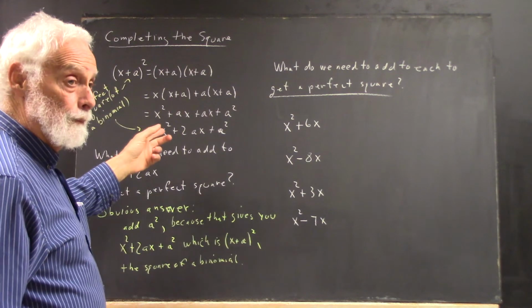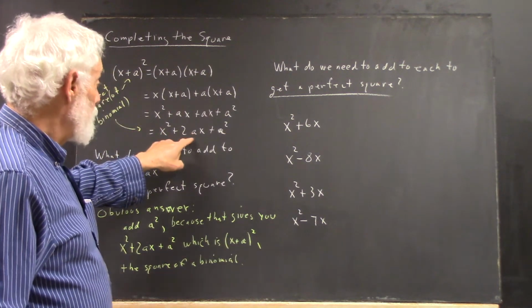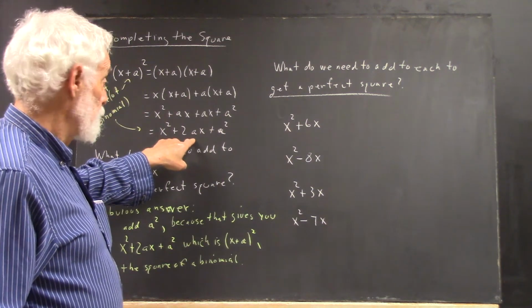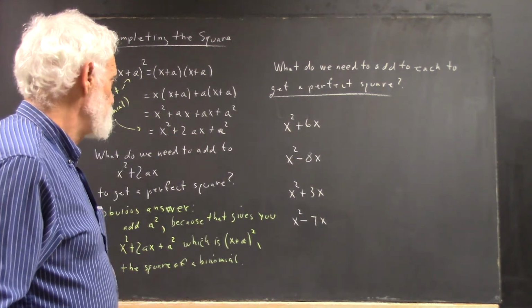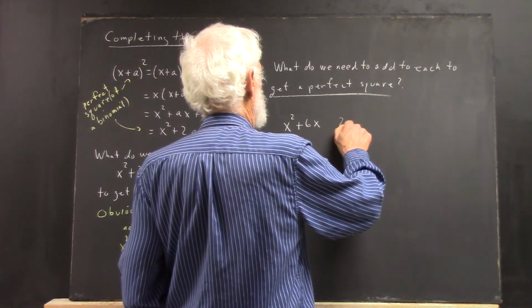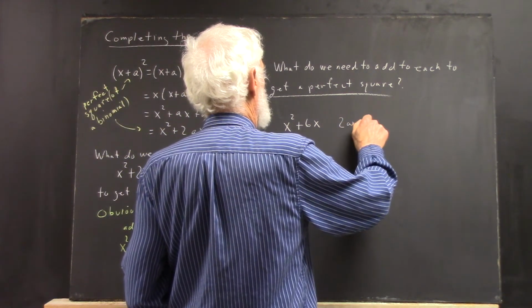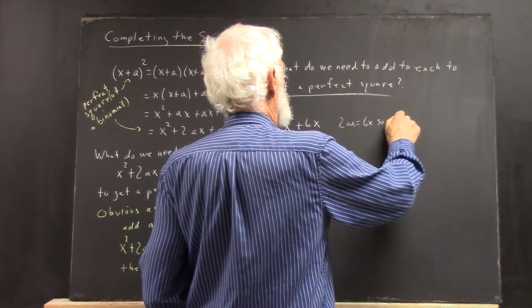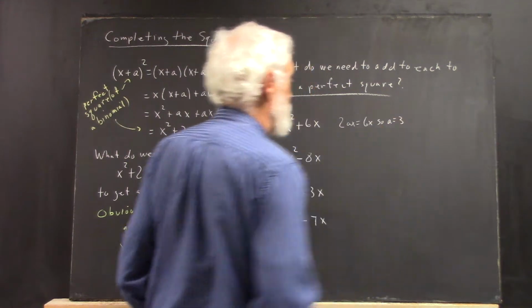Well, a occurs in front of x, but it's actually 2a that occurs in front of x. So here, your 2ax would be 6x, so a equals 3.